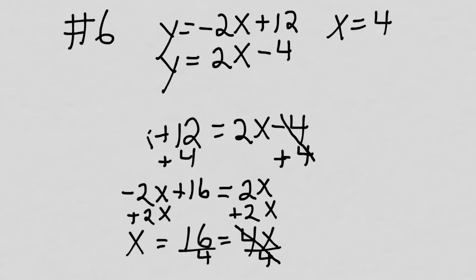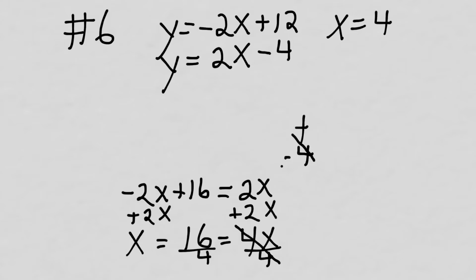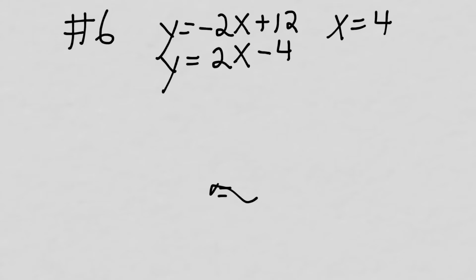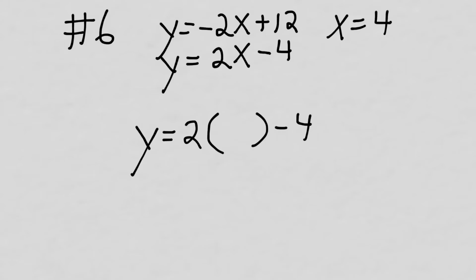I'm going to erase a little bit, make things easier to see. I can put this x in either one. I'm going to choose the second one because it just looks easier to work with, a positive 2x. So I'm going to go y equals 2, where the x is, I'm putting parentheses, minus 4.